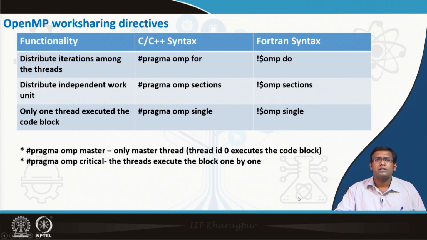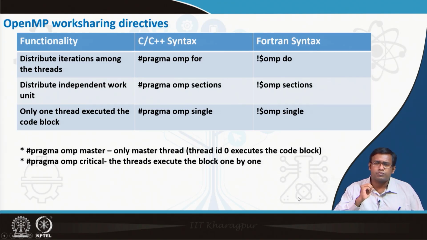There is another interesting work sharing directive, which we will see later in detail, pragma OMP critical. It shows that though the works are independent and the threads are concurrently active, at one particular region of the work, the threads will follow some sequentiality. So, one by one the threads will do that. Not all the threads will attempt to execute that particular part of the program at the same point of time concurrently.